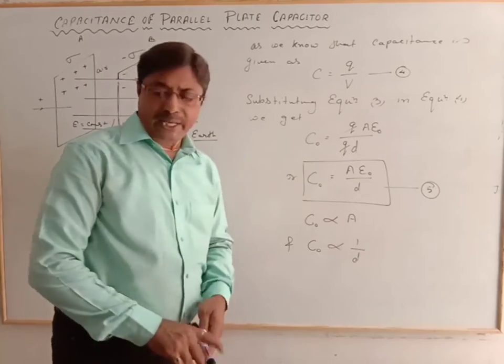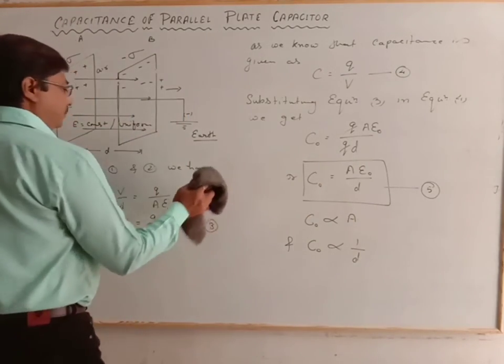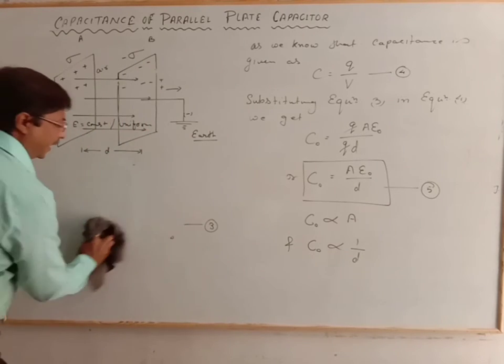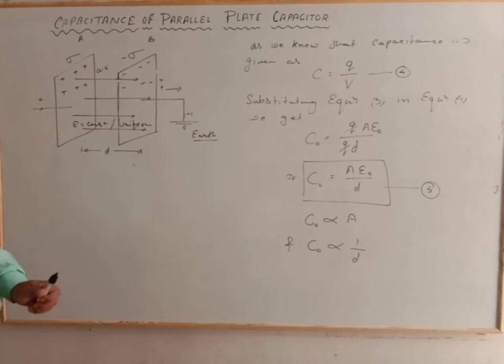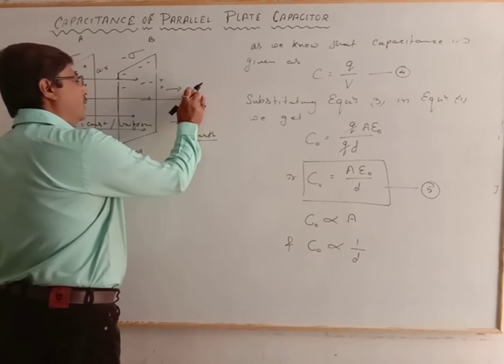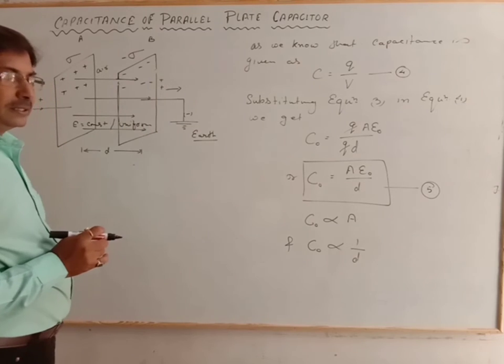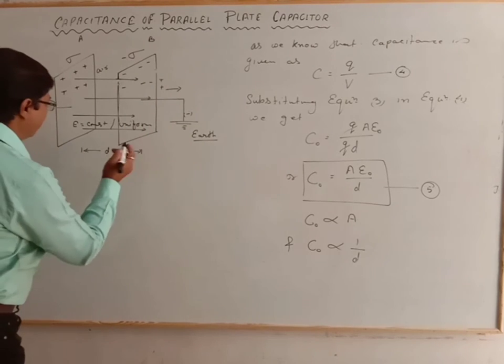One more thing I would like to explain regarding the arrangement: why we consider that electrons will move and neutralize the positive charge. Just see here, this is one arrangement.